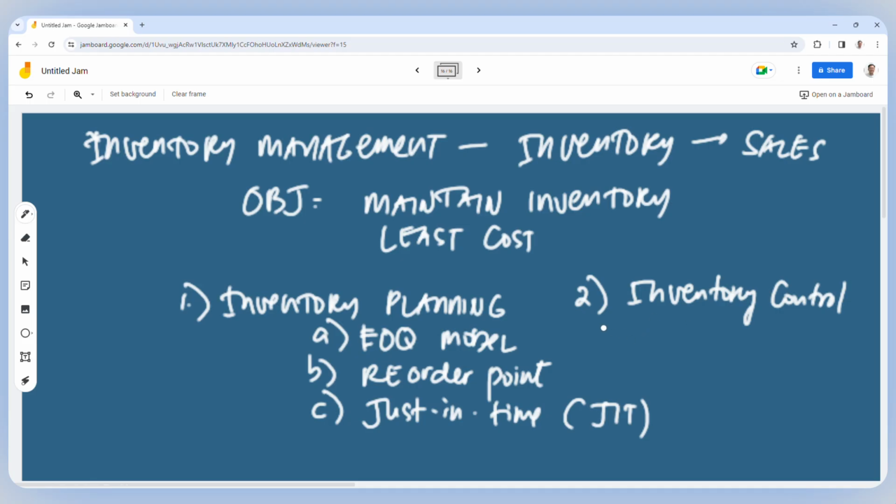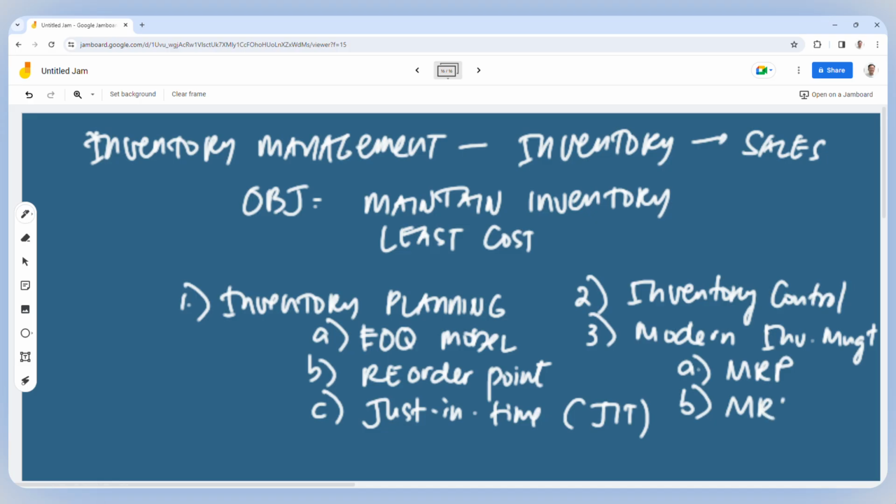And also we have our number 3, yung ating modern, ito yung bago ngayon, makabago, no? Our modern inventory management. So, ano class yung mga modern inventory management? Yung tinatawag nating, letter A, MRP. What is MRP? Materials Requirement Planning. Designed to plan and control raw materials used in production. No? We have also here, kung may manufacturing, meron naman tayong manufacturing resources planning.